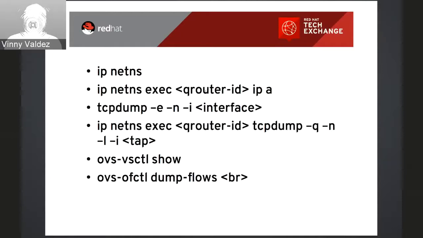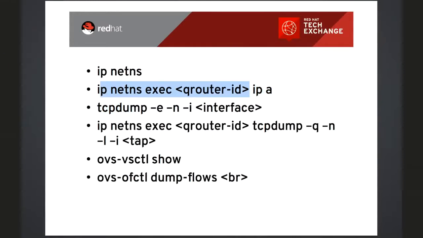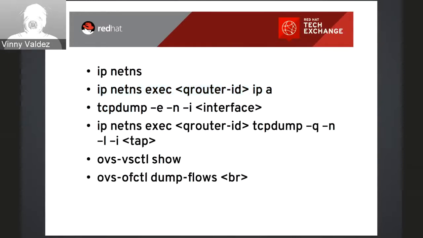So just copy and paste it. And once you've done these first 4 commands, which is ip netns exec and then an ID, you could then do any normal command after that within the namespace. Like you could do another ip a to look at what IP addresses are assigned within that namespace, or you could even do a tcpdump within that namespace.